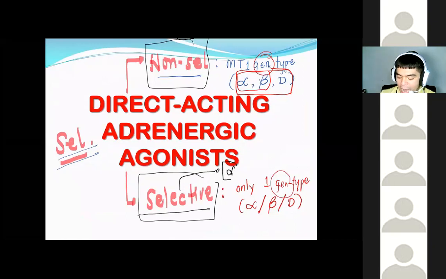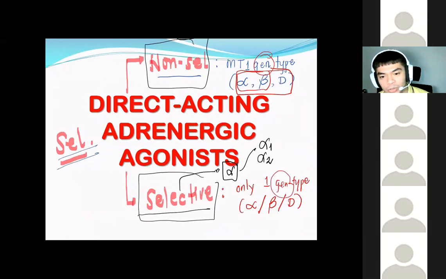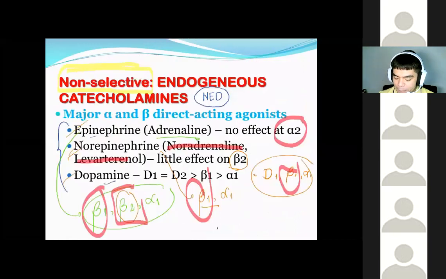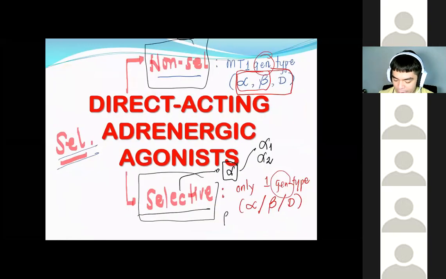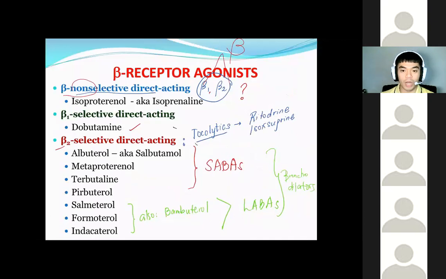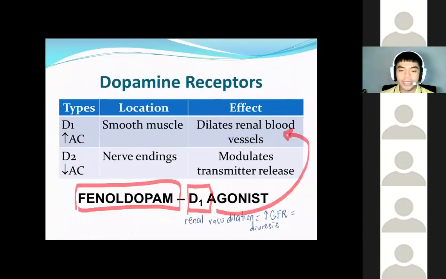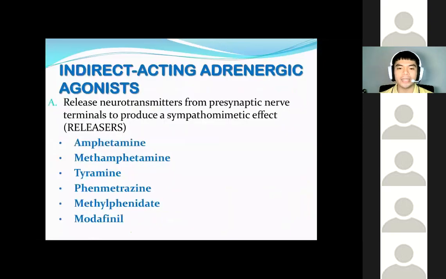Those that target alpha receptors: under alpha, we have alpha 1 agonists and alpha 2 agonists. Then for beta, we discussed beta 1 agonists and beta 2 agonists. And then finally, dopamine agonists. All of those are encompassed by the direct-acting mimetics.